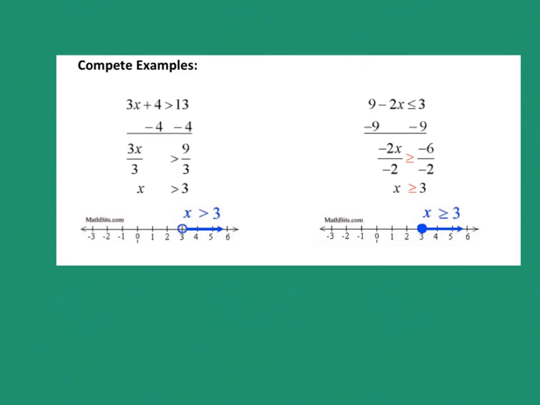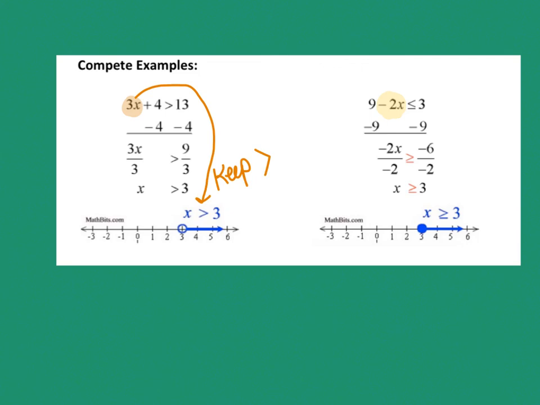Here's a couple examples just showing you how to work out the problem. Again, we could look and see that 3x is positive. That means I'm going to keep my sign the same. Right here, the sign stayed the same. But when you look at your second example, this 2x has a subtract or a negative sign in front of it.